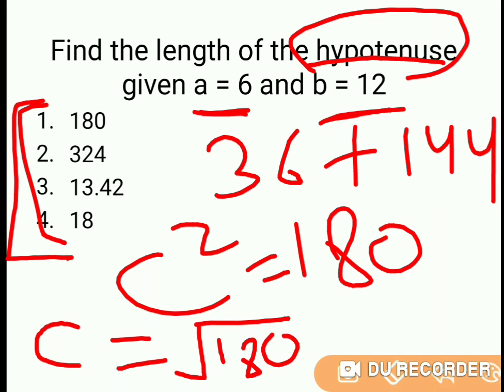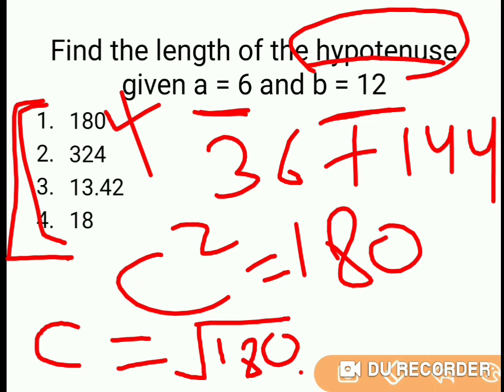If you are thinking that 180 is the correct answer, you are wrong, because there is a difference between 180 and root 180. Your correct answer is root 180, and this is 180, only 180, and the value of root 180 is not the same as 180. So this is a wrong answer. So you need to identify the correct answer.